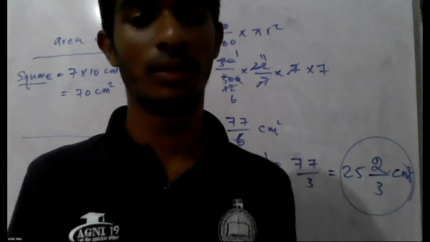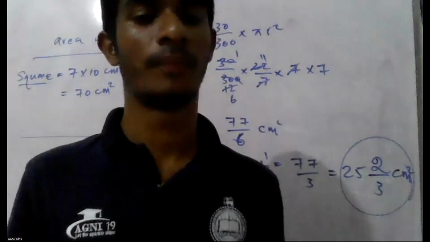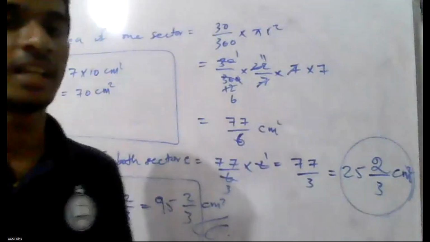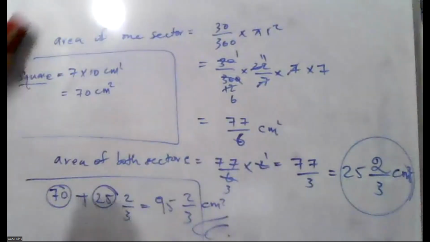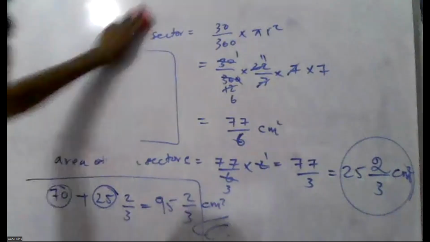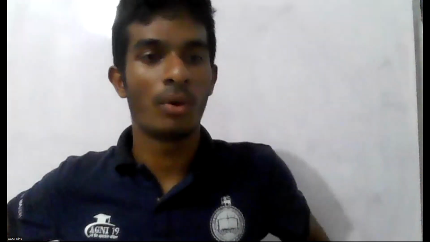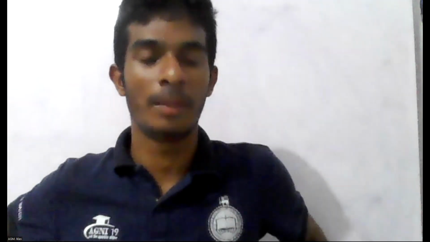Right. Moving to the third example. The shaded portion is obtained by cutting 1/4 of a circle from a rectangular lamina.